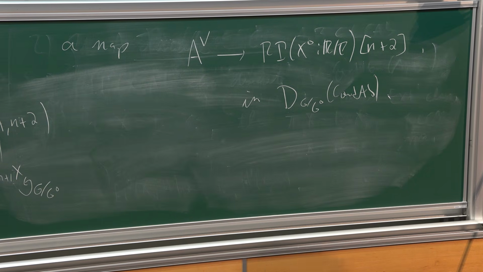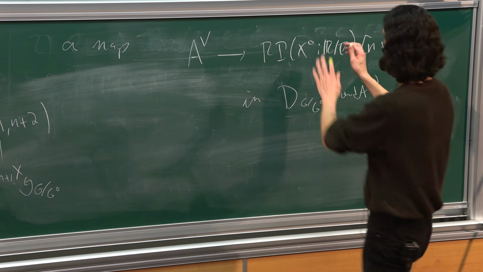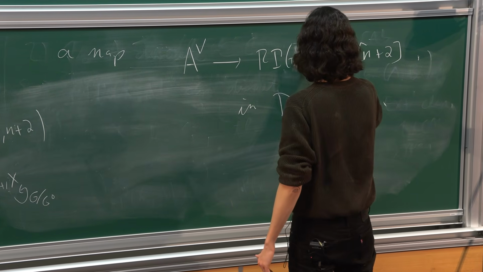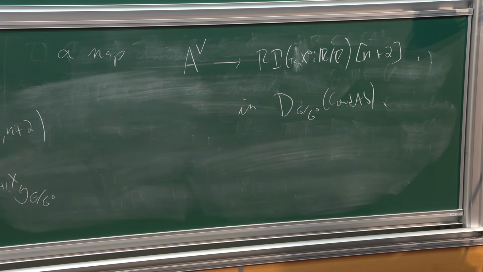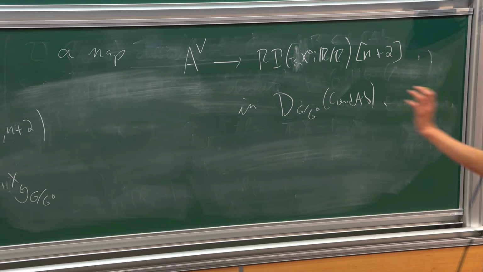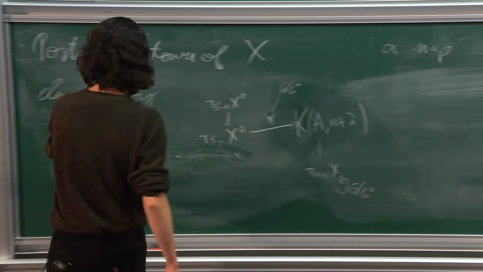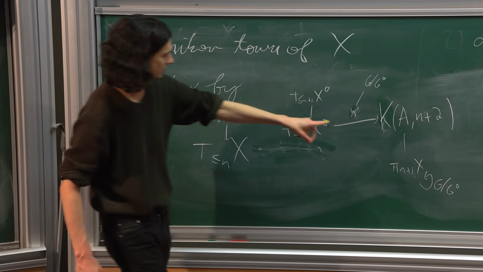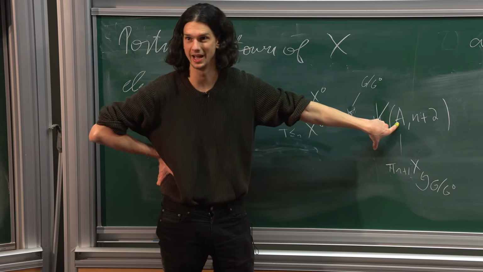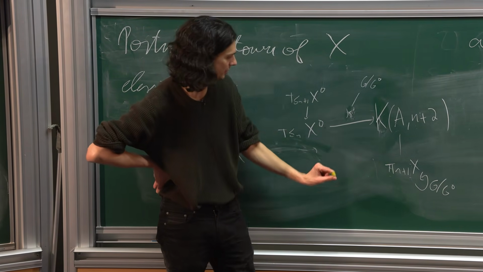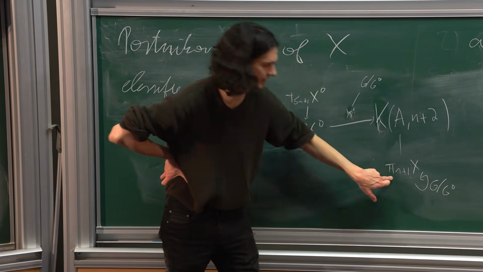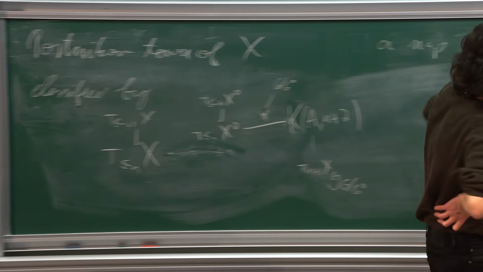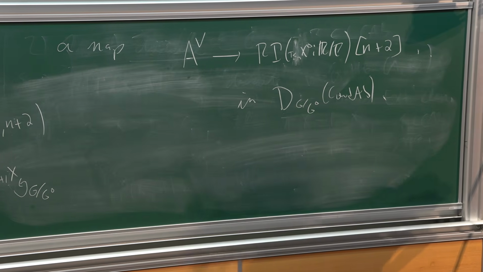Excuse me. Yes, thank you. So if you have just the n truncation and you want to build the n plus first truncation, you have to choose what compact abelian group you want to add as your next homotopy group. You have to choose what action of this profinite group you're going to put on it. And then you have to choose this k invariant, which equivalently is a map like this.